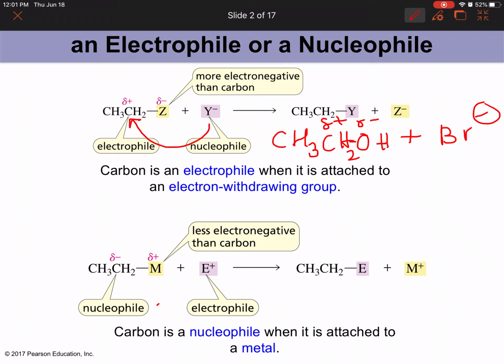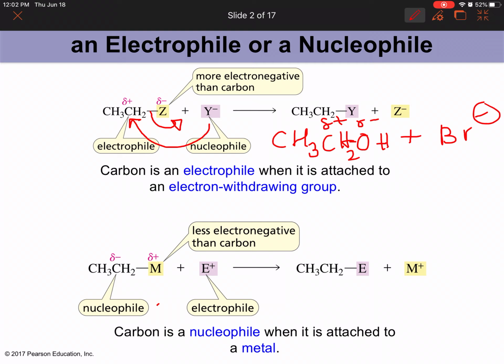Always negative goes to the positive, not the positive going to the negative. More electron-dense species go and attack the less electron-dense species. So it's always the nucleophile that goes and attacks the electrophile, and then the carbon-halogen bond breaks, or the carbon-oxygen bond.